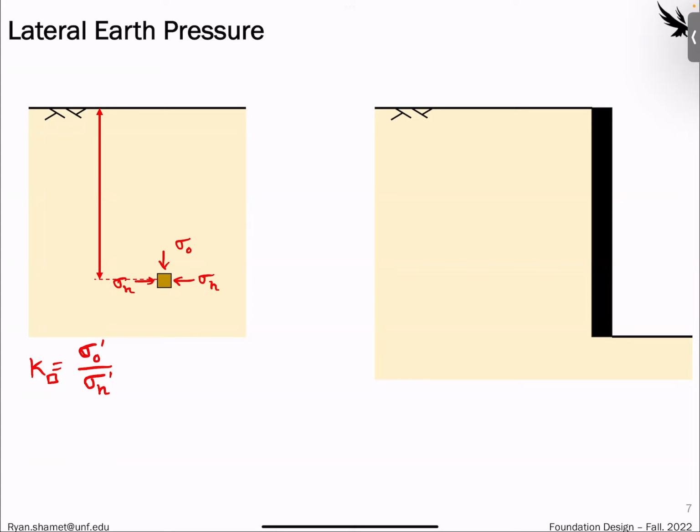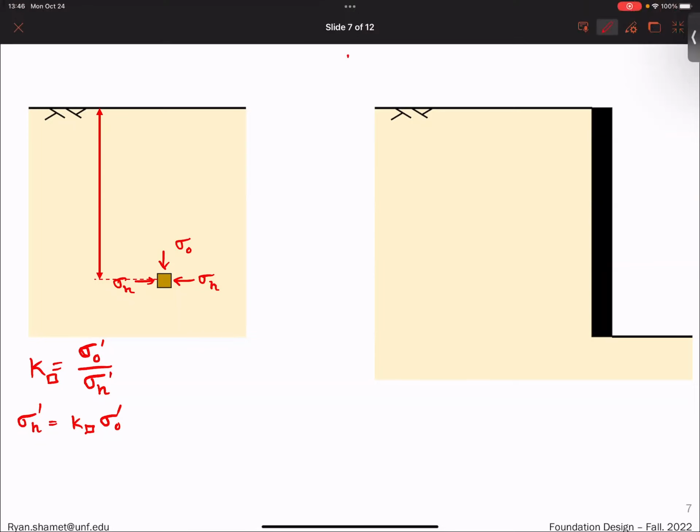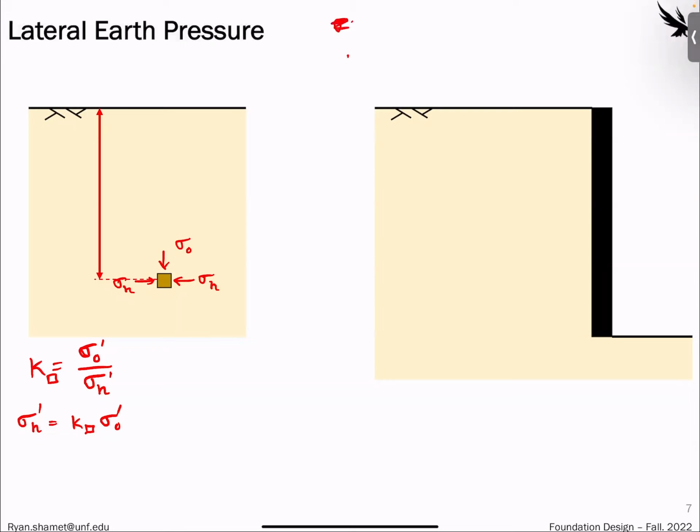So that means we can find the horizontal or lateral earth pressure by multiplying whatever this K value is times the in situ vertical stress. And the in situ vertical stress, we should all know how to solve that by now, right? So in situ total stress minus the pore water pressure.